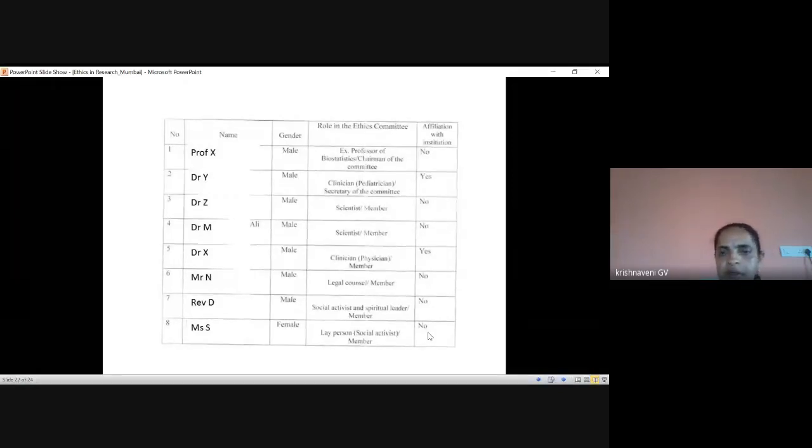Similarly, my colleague, Dr. Kumaran, is a member, but since he is also a co-investigator, he can't be part of the review. A quorum should have at least 8 members present to review an ethics proposal. As you can see, there are scientists, clinicians, a lawyer, a social activist, and a lay person constituting the ethics review committee.